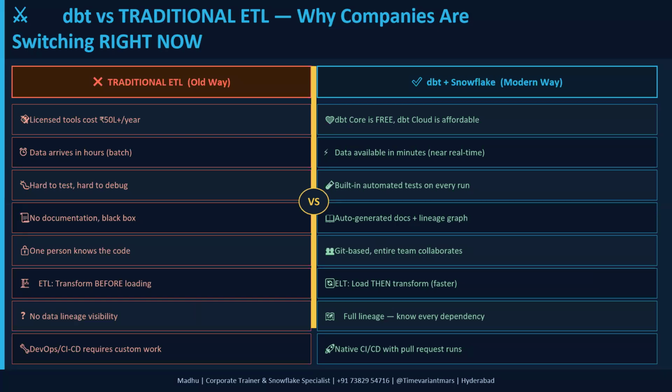Like license at 50 lakhs, DBT Core free; data arrives in hours versus minutes; tests versus automated tests; no documentation versus documentation with a lineage graph; one person versus Git-based; ETL transforms before loading, ELT loads then transforms, which is faster; no data lineage visibility versus full lineage; CI/CD with DevOps requires extra setup, whereas DBT has native CI/CD with pull requests and runs. Okay, so next, go to another slide.